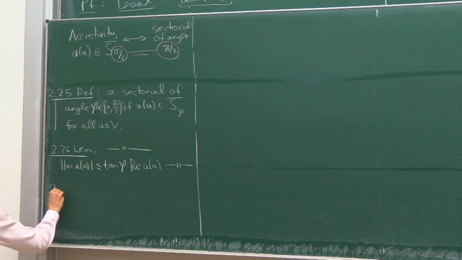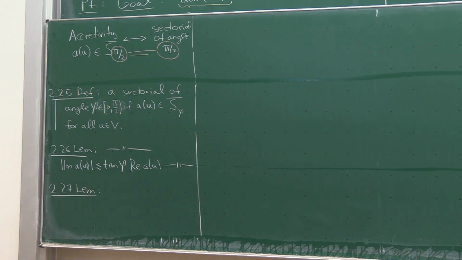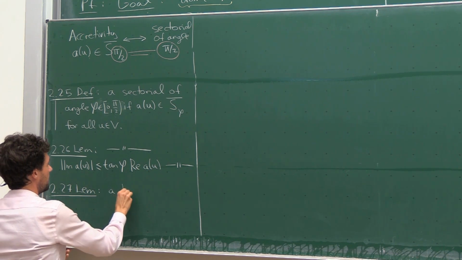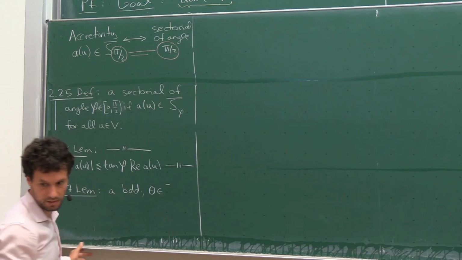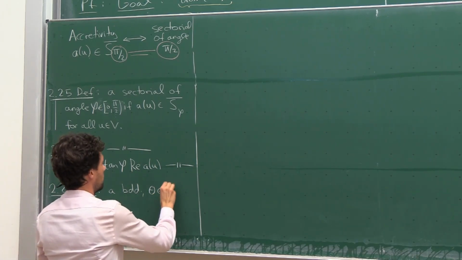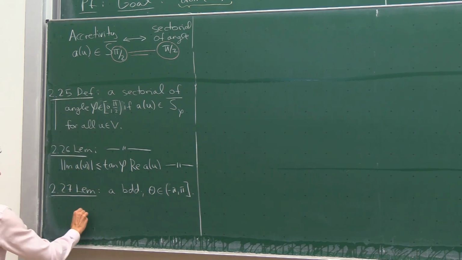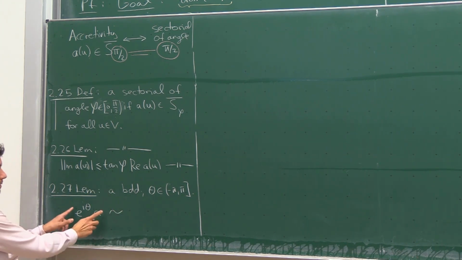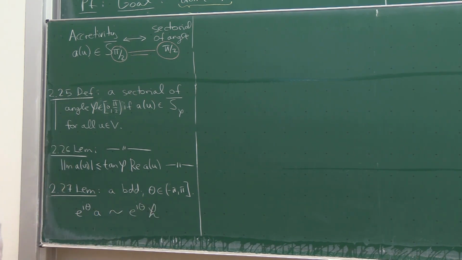Okay, and then there's a third lemma that is useful in order to do anything with it. So if A is bounded and theta is a number between minus pi and pi, then you can look at rotated forms where you just take the sesquilinear form A and multiply it by a complex rotation, and you can associate an operator with it because this is still bounded, and no surprise, rotation of the sesquilinear form just means rotation of the operators.